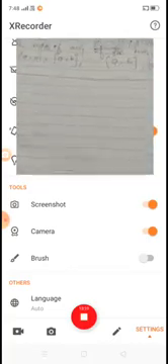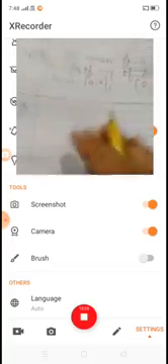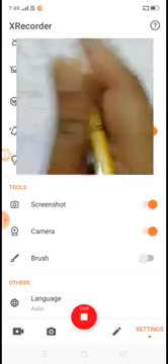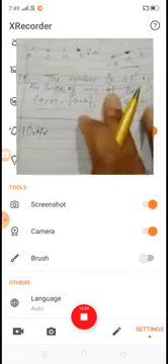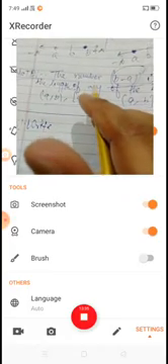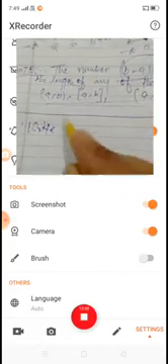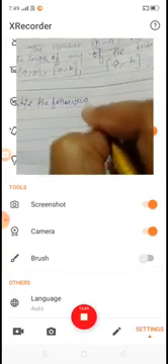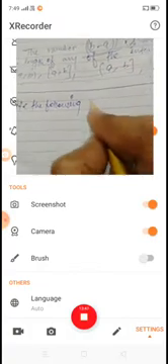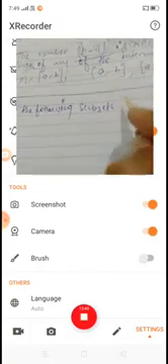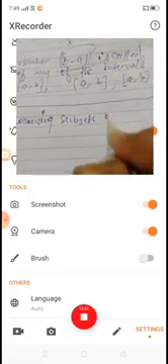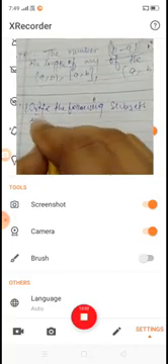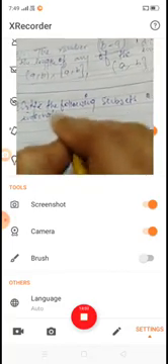Write the following subsets of R as intervals.